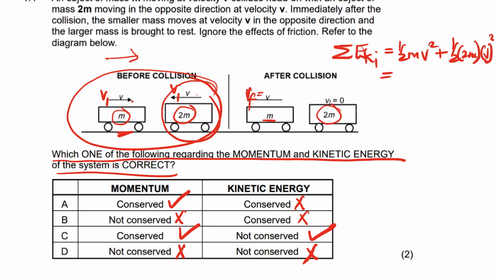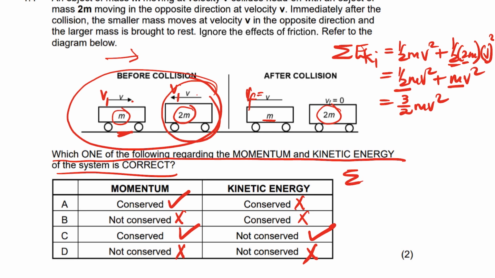So it's half mv squared plus, because half times 2 is 1, mv squared. So it's 3 over 2 mv squared. That's the total kinetic energy before.